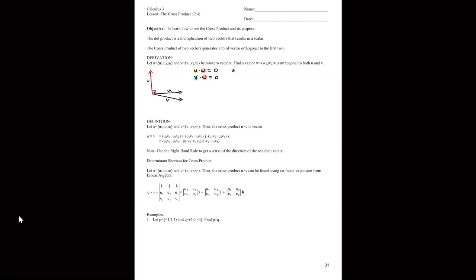We have U, which is U1, U2, U3, dotted against W1, W2, W3, with the result equal to 0. Then I'm just going to do the same thing, just with V's.